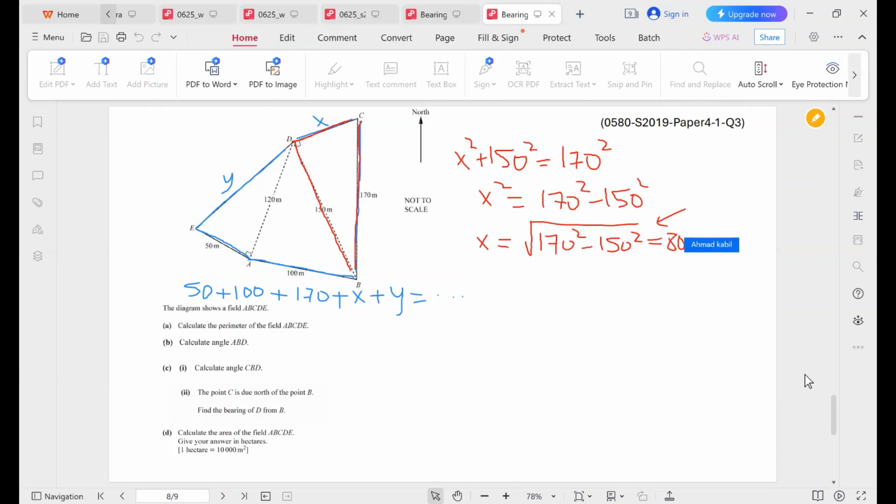And we substitute x for 80 here. Next, we need to find y. Y is also straightforward because, again, it belongs to a right angle triangle. So we're just going to do Pythagorean again. But this time y is the hypotenuse, so we're going to add rather than subtract. So y equals root of 50 squared plus 120 squared.